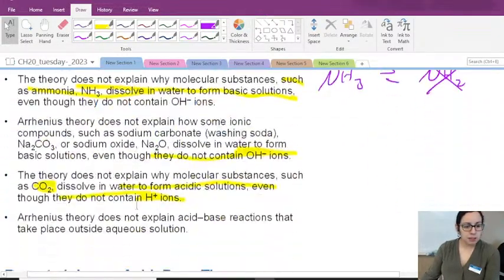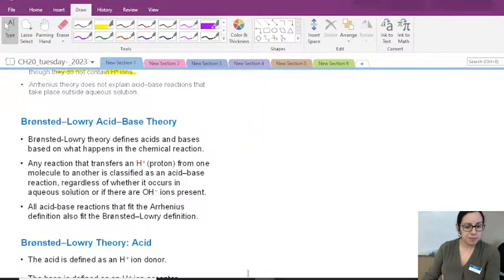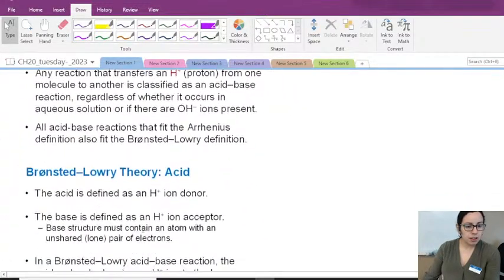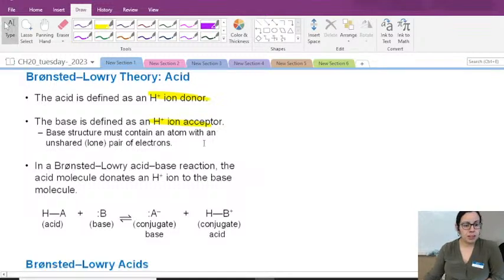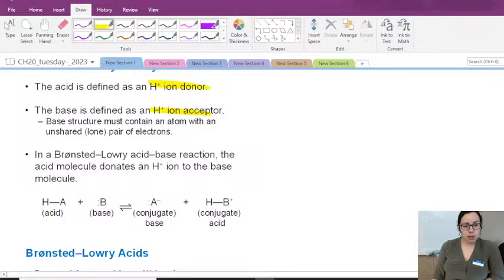So let's go back to our in-depth explanation. This is our overview for our Bronsted-Lowry definition. Again, we're defining things by either H+ donors or H+ ion acceptors. So we have our acid, HA, plus base, which gives us now our conjugate base, A-, plus HB, our conjugate acid.